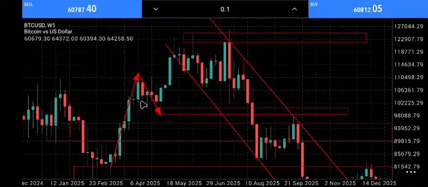Once we identify this pullback and this support area, we look at the candles formed in that area, like a candle like this. We normally call it a bullish spindle bar candle.